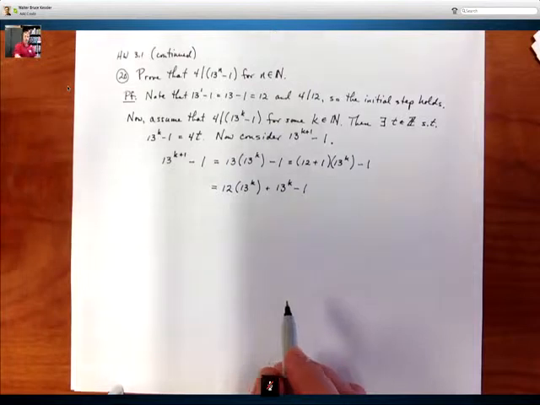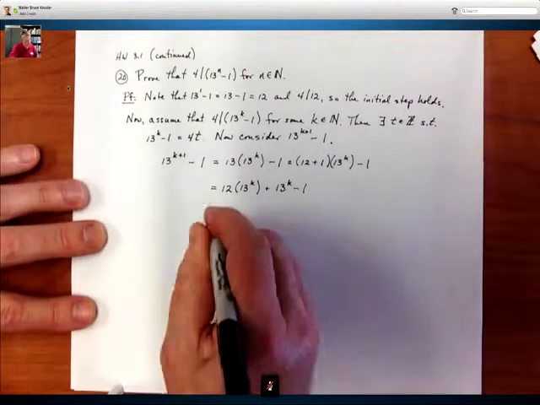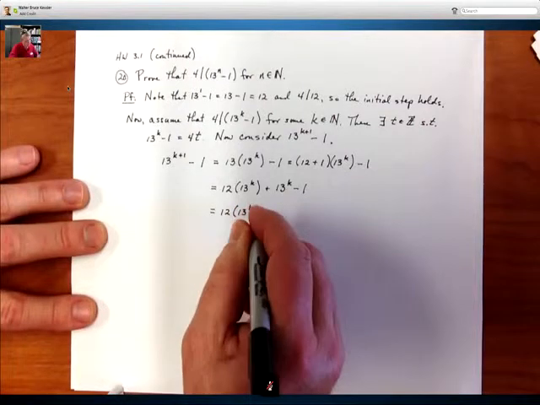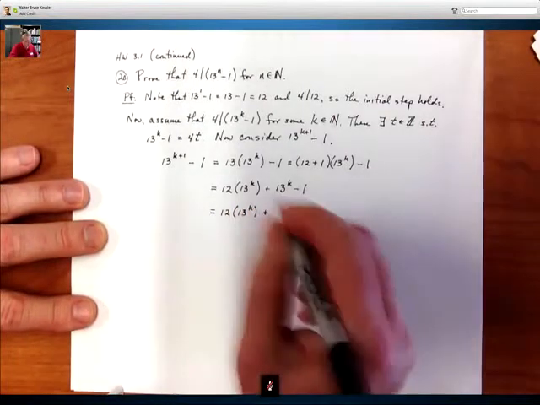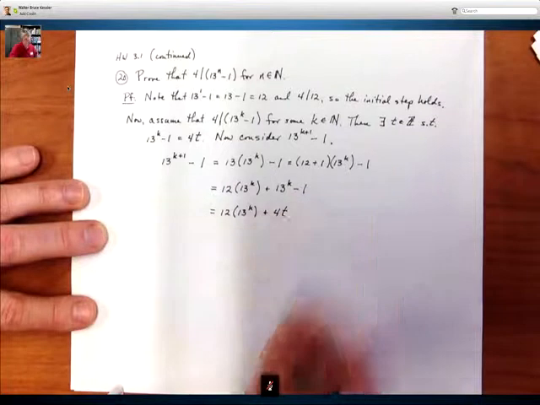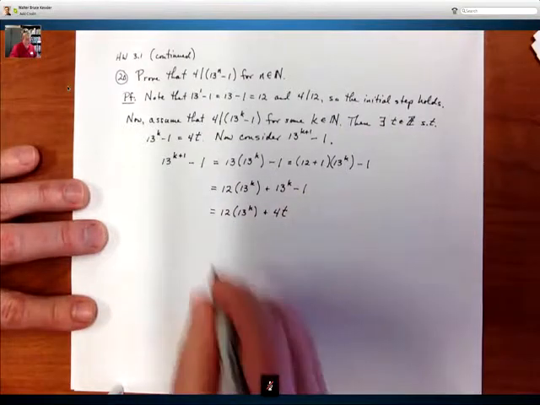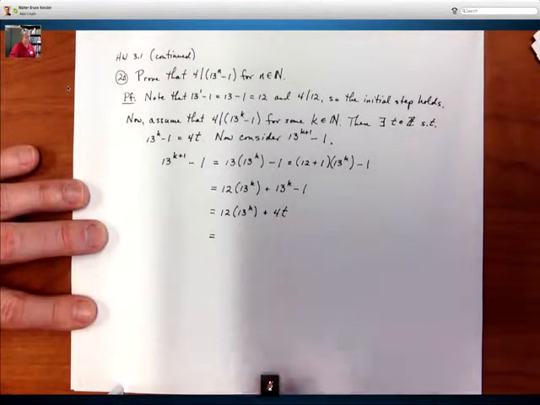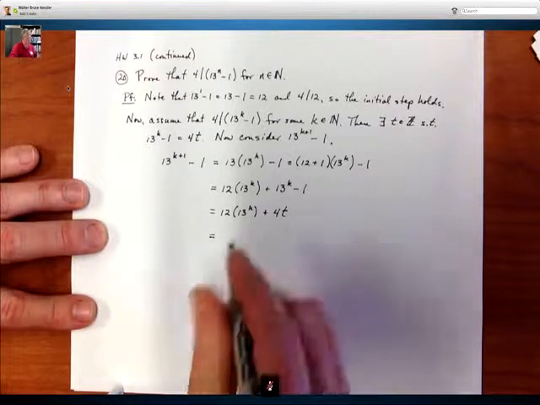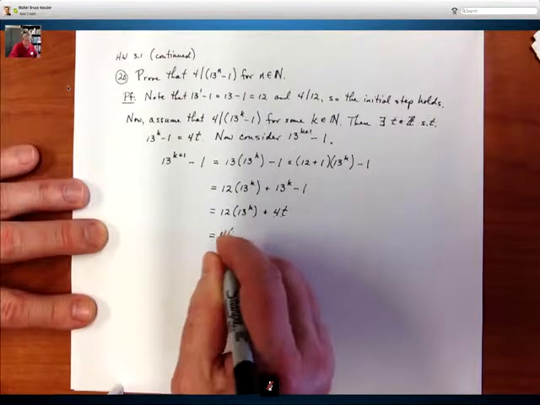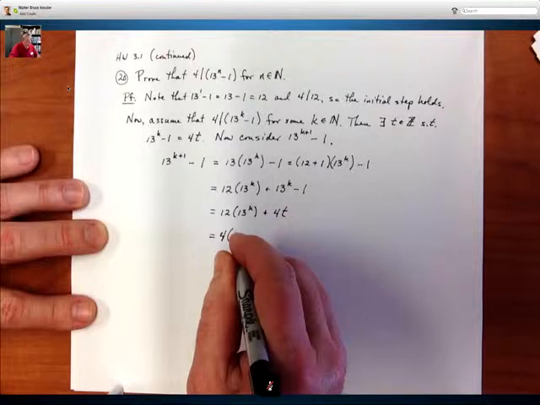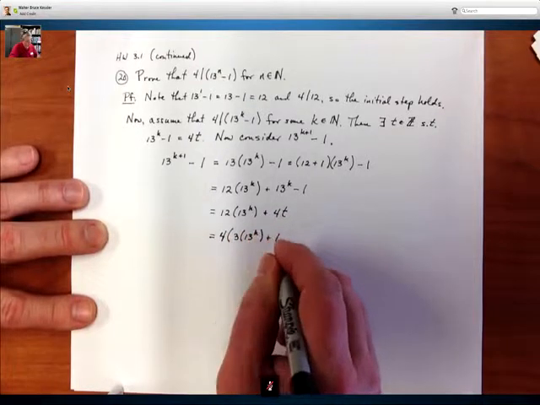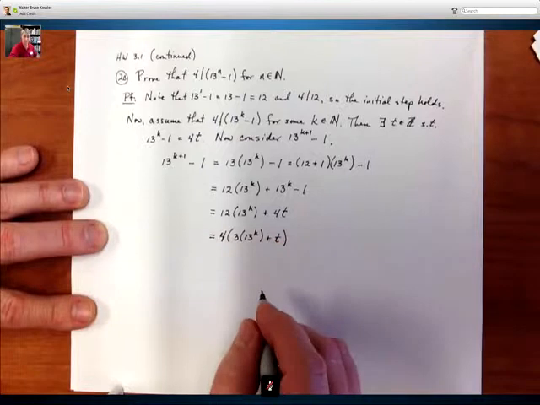Well, we know something about 13 to the k minus 1. That's part of our assumption. This is now 12 times 13 to the k, and this is 4 times some integer. Okay? And so perhaps the last change we need in our string of equations is just simply to factor out a 4, leaving me with 3 times 13 to the k plus t.